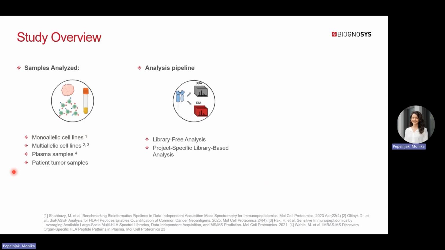We analyzed these samples in library-free mode, but we also compared it to the analysis that you get with library-based analysis if you create a project-specific DDA library first. We also looked specifically into the results if you only analyze DDA data directly.